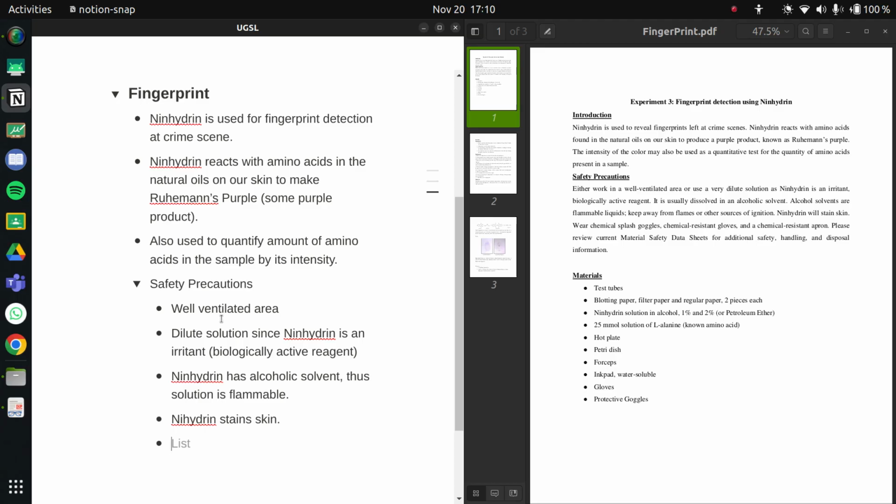Wear chemical splash goggles, this is general advice. Chemical resistant aprons. We didn't actually wear aprons, but that's fine, we had full body clothes on. Please review current material safety data sheets for additional safety handling and disposal information. I won't. Okay, but anyway, goggles, gloves, aprons.